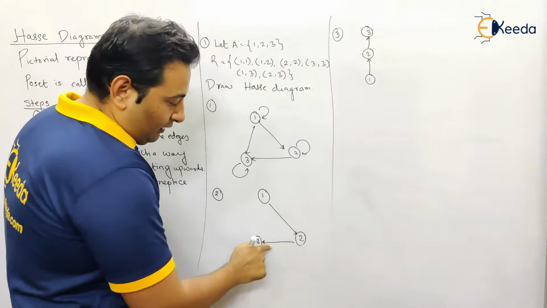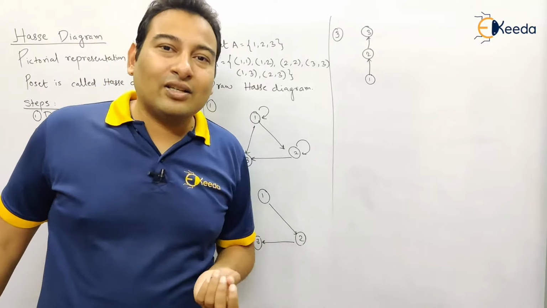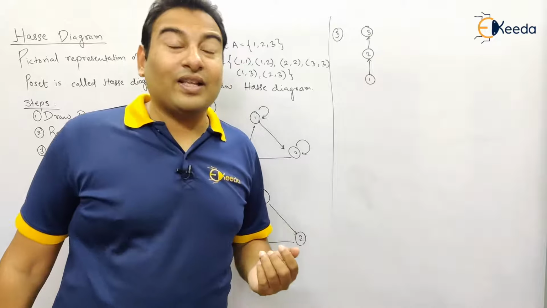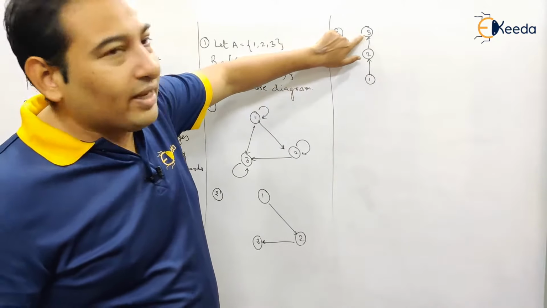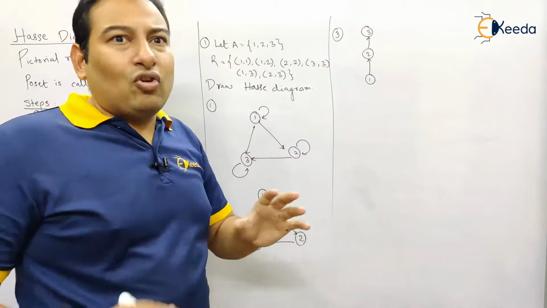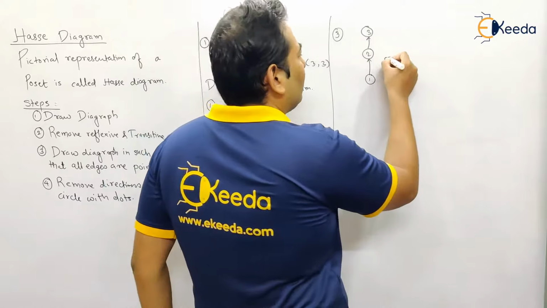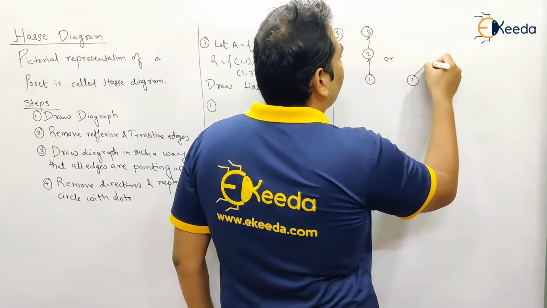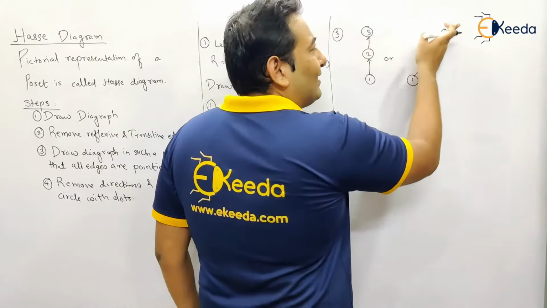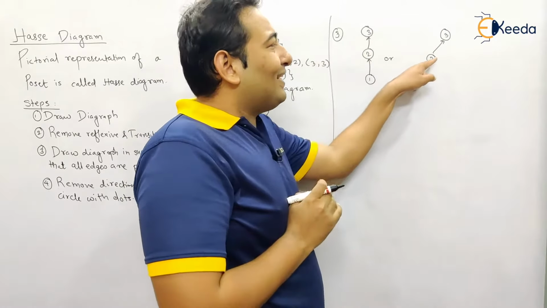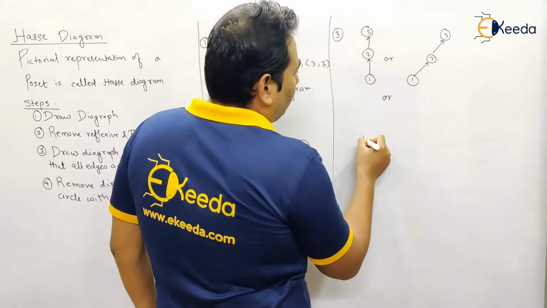See here. This step says draw the digraph in such a way that all the edges are pointing upwards. See here, all the edges are pointing upwards. It's not necessary that you draw it the same way that I did. You can draw in this manner also. There is no problem. This is also perfectly okay, as long as all the edges are pointing upwards. You can easily identify the direction, or you can draw in this format also.